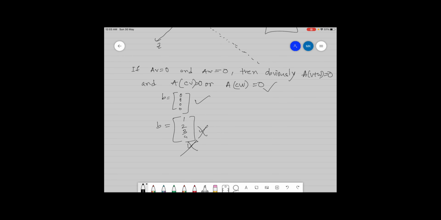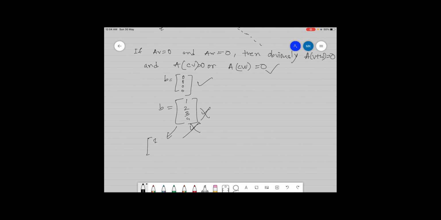Alright, because one solution for this B was 1 0 0, as we saw in the previous example. Another solution can be, you can check by going backward, 0 negative 1 and 1.